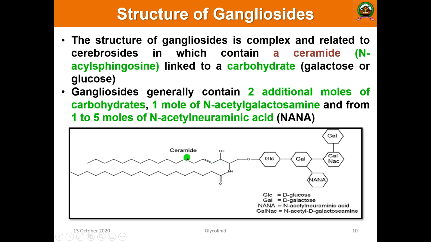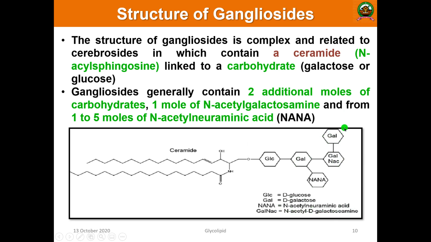So these are the ceramide residues. It has long chain fatty acid residues, and here you can see Glc stands for D-glucose, and Gal stands for galactose, NANA stands for N-acetyl neuraminic acid, then GalNAc stands for N-acetyl D-galactosamine. And there you can see another galactose.